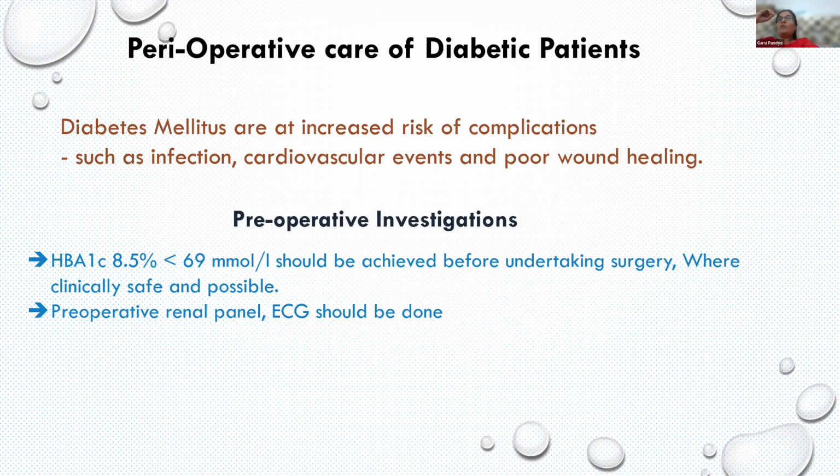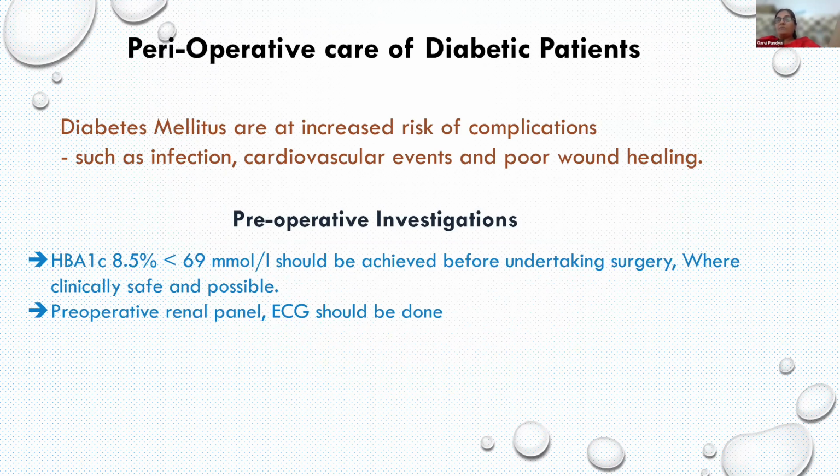So we quite often included peri-operative care, because Nafil has many dental surgeons working, and it might be useful to them. We are worried about diabetes care in the peri-operative period mainly because diabetes can increase the risk of infection, cardiovascular events, and poor wound healing. And we need to control the diabetes very well, and HbA1c should be less than 8.5% if we have the time.